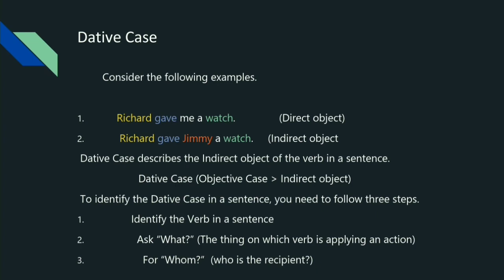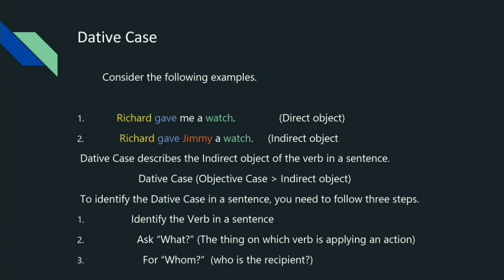But in this example, watch is the direct object. And the second example, Richard gave Jimmy a watch. Now in this example, Jimmy is an indirect object. So the dative case is all about the indirect object.